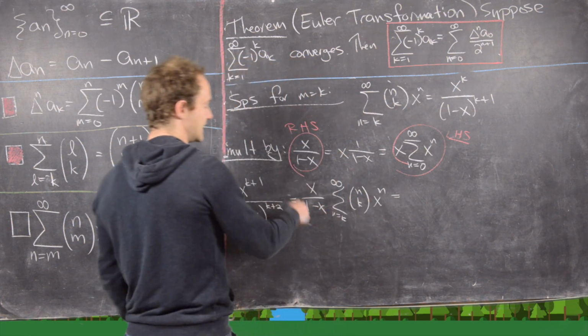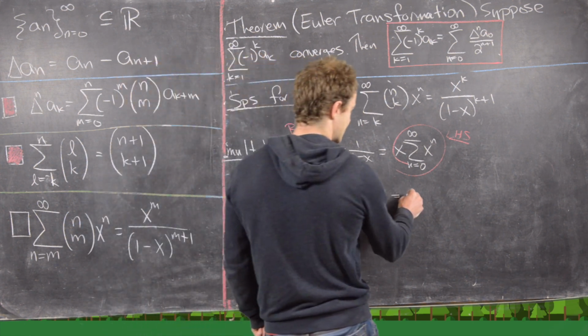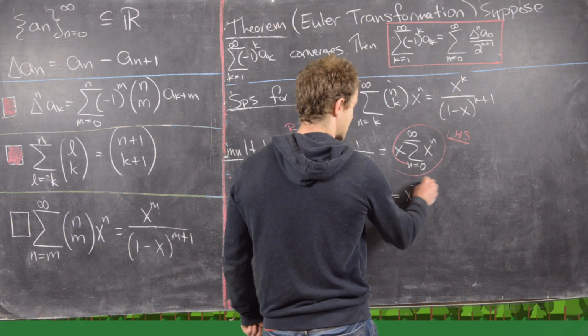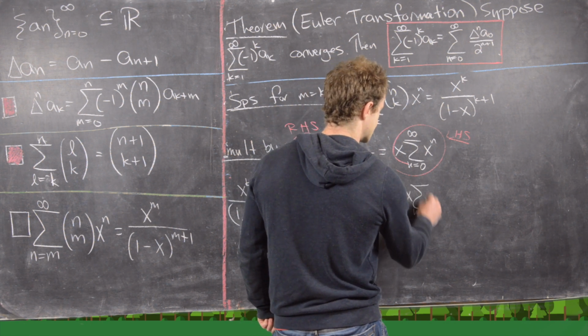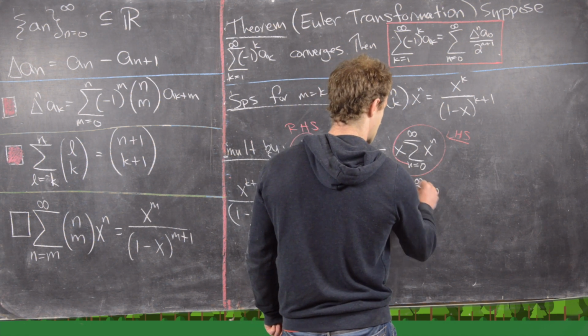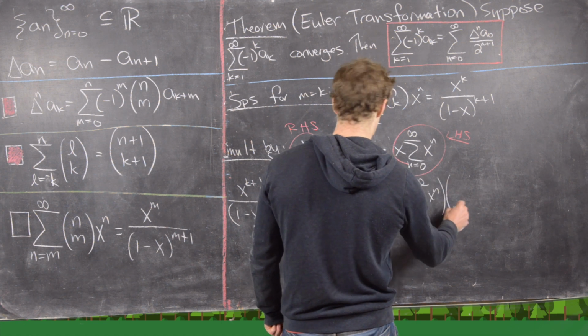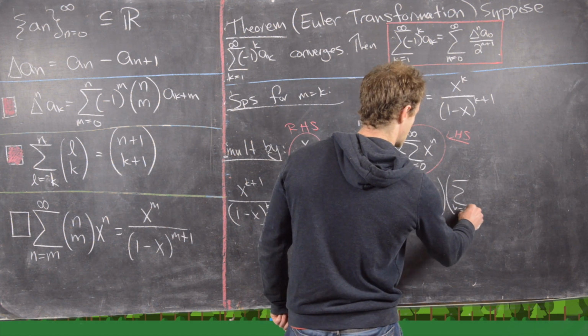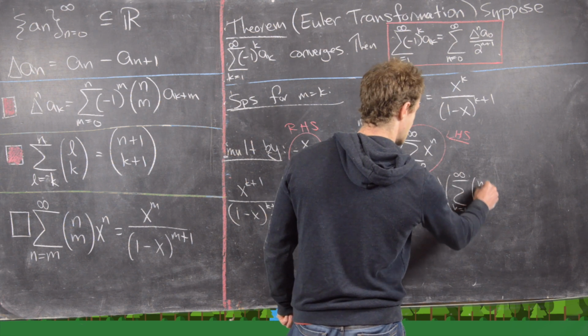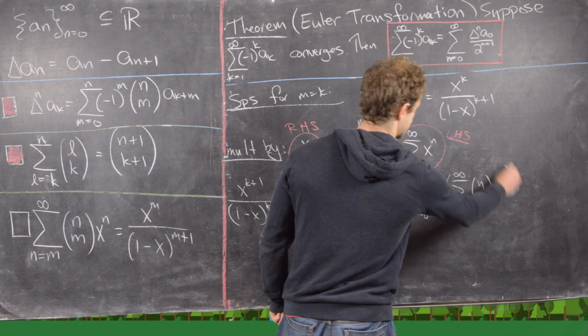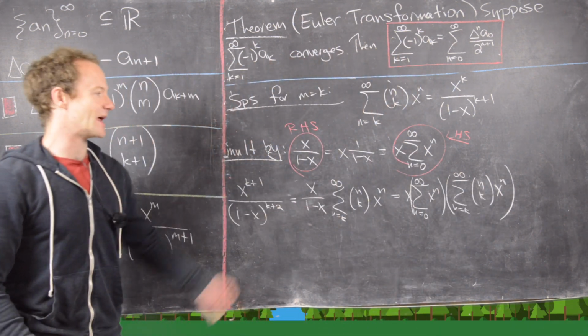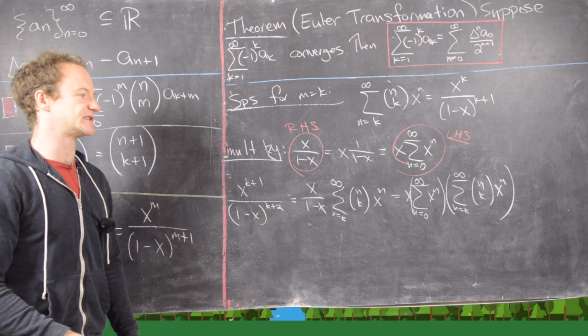Rewriting this as a series, that's the same thing as x times the sum n equals 0 to infinity of x to the n times the sum n equals k to infinity of n choose k, x to the n. So we've got a product of two infinite series.